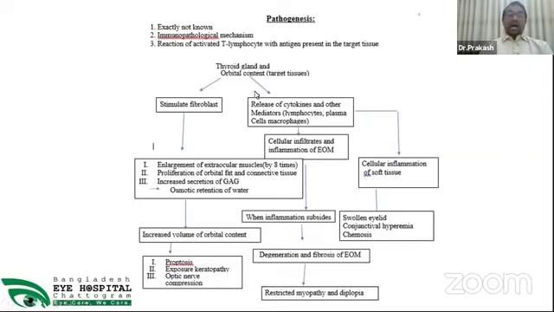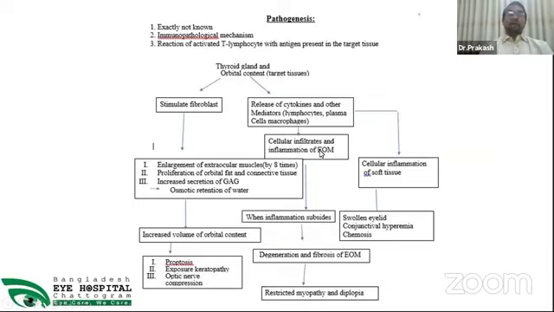On the other side, when there is inflammation, there is a reaction between the activated T lymphocytes and the antigens, and that causes release of cytokines and other mediators like lymphocytes, plasma cells, and macrophages. These inflammatory mediators infiltrate into the extraocular muscles.